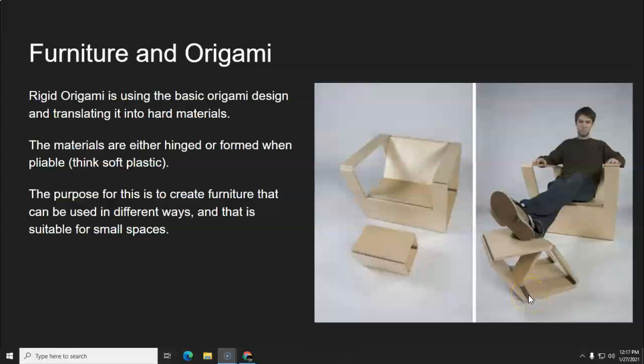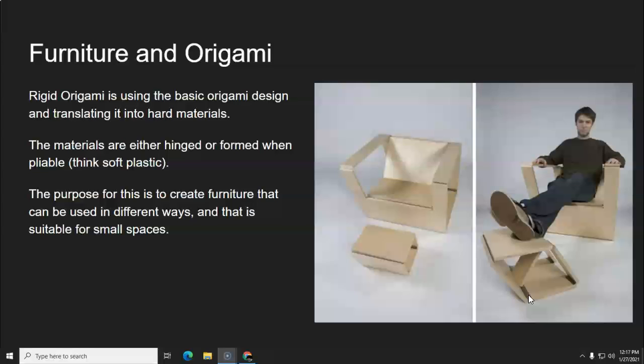But it could also be formed when the material is soft and pliable. So if you had a soft plastic or resin or acrylic, when it was at the stage where it was not melted but soft enough that you could bend it, you can actually make it using the origami process in order to create your object.